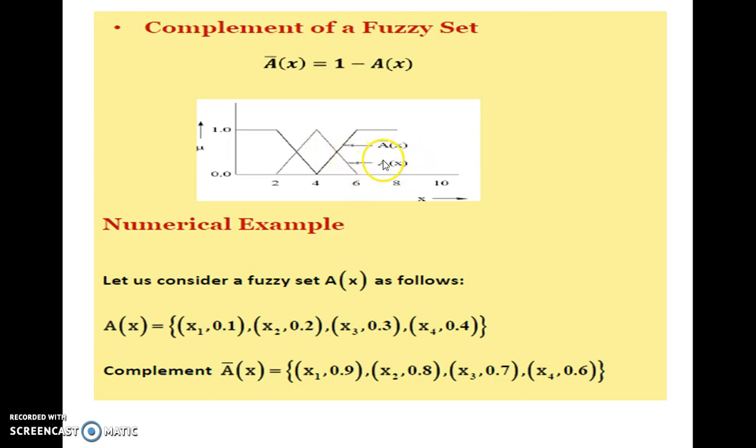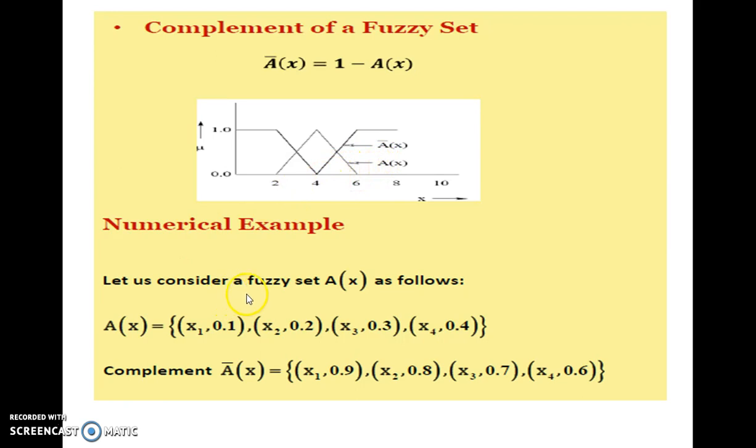For this A of x, the A complement will be like this. For 0 to 2, the input values are 0, and the complement is 1. For x equal to 4, the input value is 1, so the output is 1 minus 1, which is 0. Like this, the values are calculated in the complement of a given set.